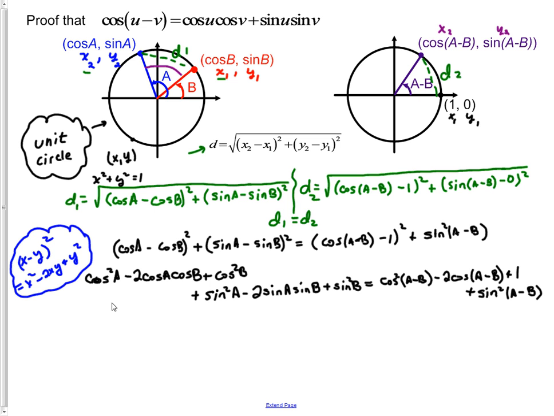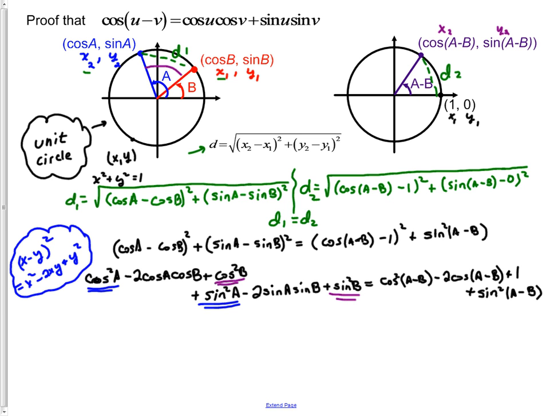We might note a couple of things. First of all, there are some like terms here. Let's point them out. Cosine squared A is added to sine squared A. Pythagorean theorem time, right? You remember that. Cosine squared A plus sine squared A is equal to 1. We also have cosine squared B being added to sine squared B right here.